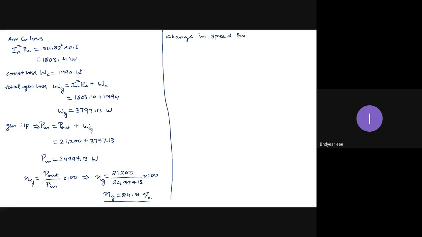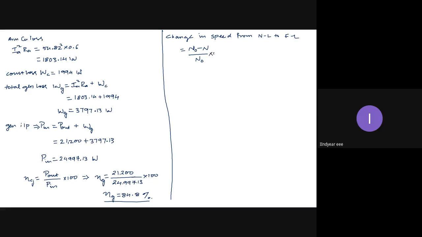Change in speed from no load to full load is given by, I will write it as, no load speed is n naught, so n naught minus n divided by n naught into 100.